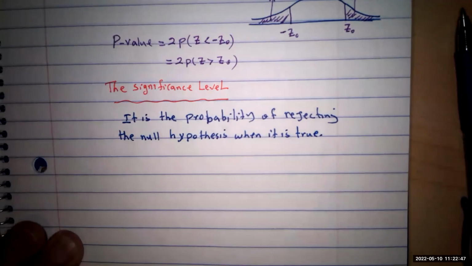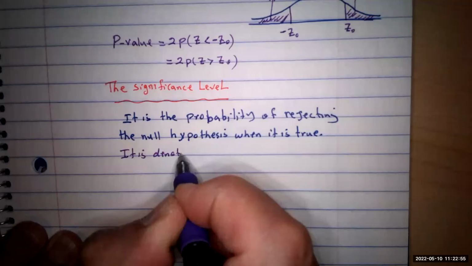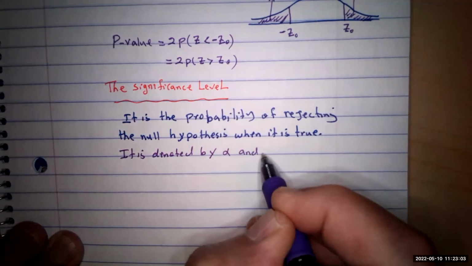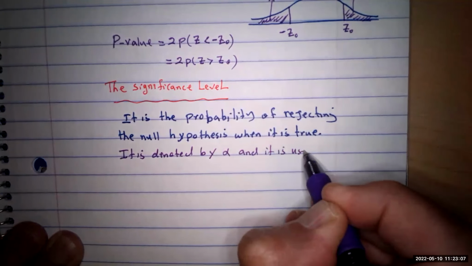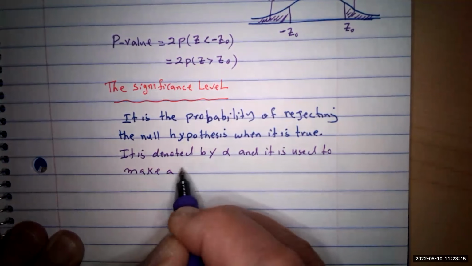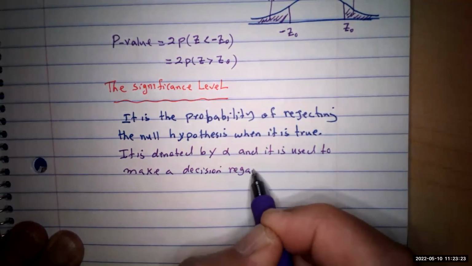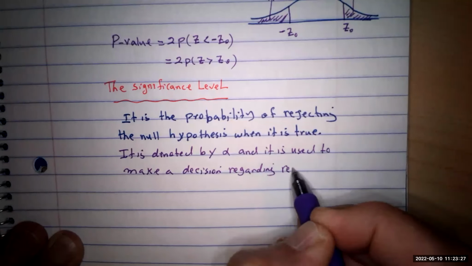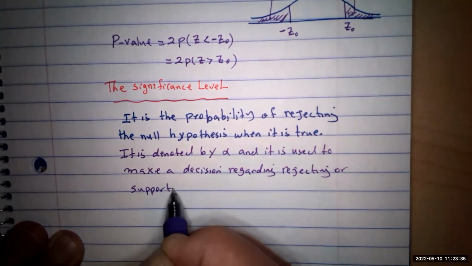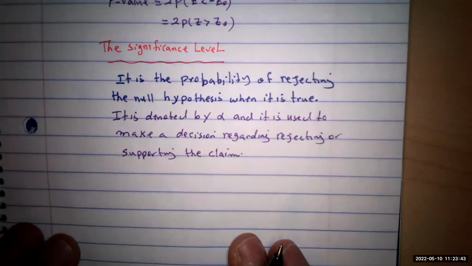It's denoted by a special notation, alpha, and it's going to be used to make a final decision regarding rejecting or supporting the claim that we're trying to check.